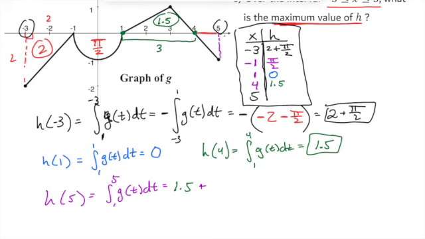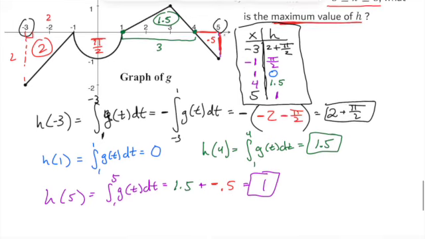This is a 1 by 1 triangle, so the area is 0.5, right? And then it's below the x-axis, so it would be -0.5. So that cumulative total between 1 and 5 is 1. 1.5 minus 0.5 is 1.